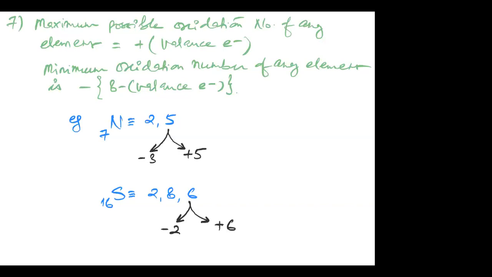Similarly, chlorine, atomic number 17, has electronic configuration 2,8,7. Its minimum oxidation number is -1, and its maximum is +7.